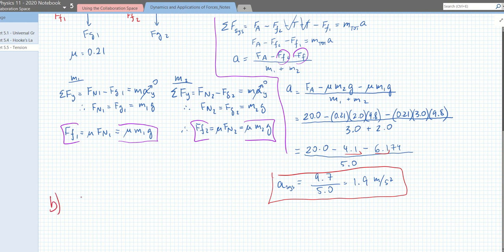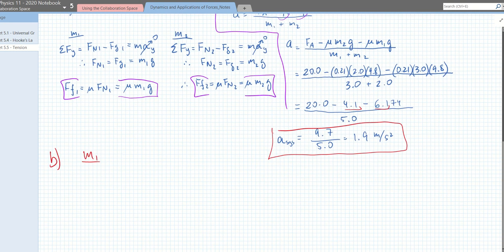So part B, again, pick M1. Here's my free body diagram for M1. We have Fn1, Fg1, tension, and force of friction. Okay.